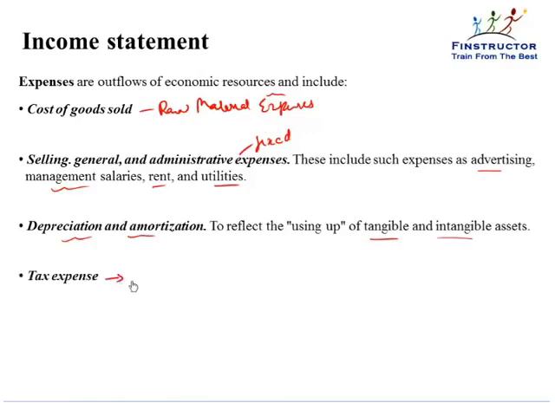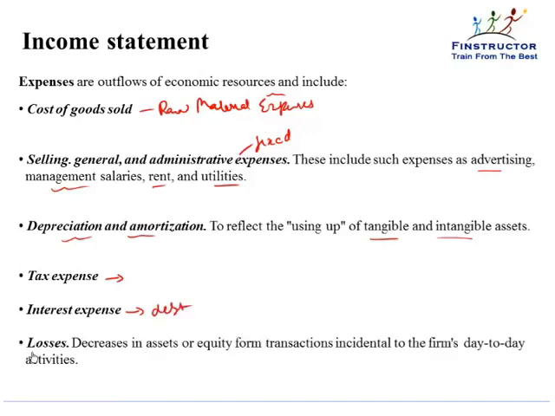Tax expense is owed to the government. Interest expense has to be paid on my debt. So the agreement with debt holders is that they will get a fixed interest regardless of the performance of the company. Just like we had gains in the revenue, losses are from incidental activities in the expense account.